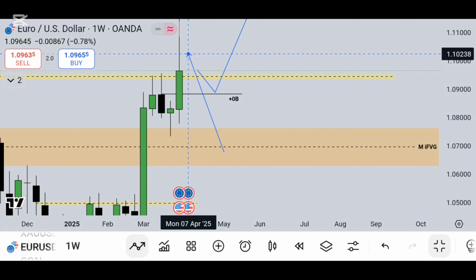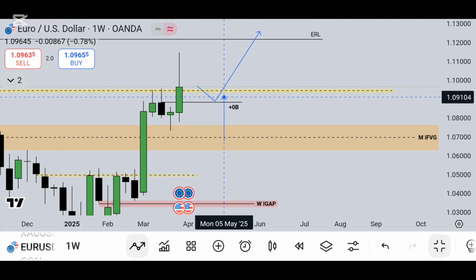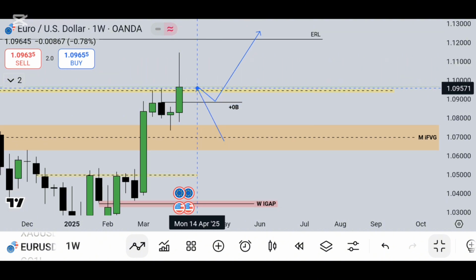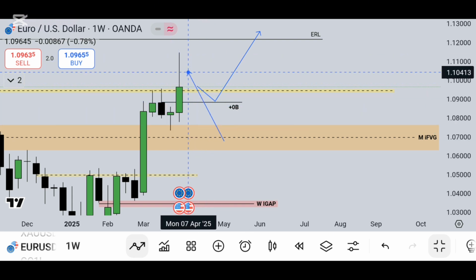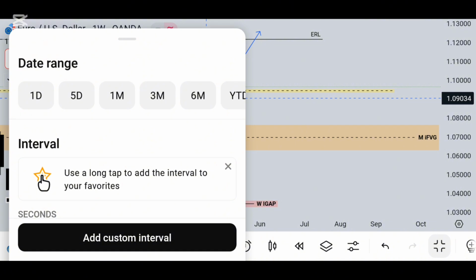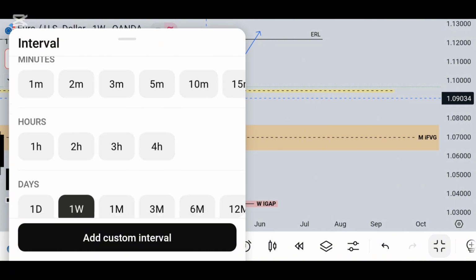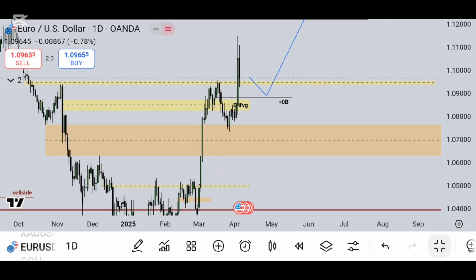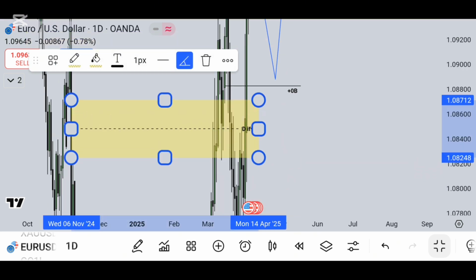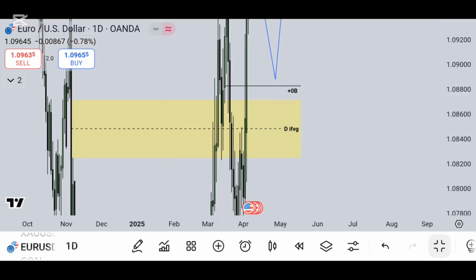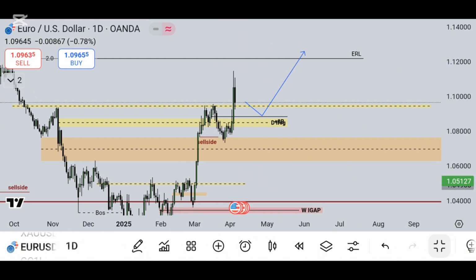So what we should expect is price to come to this order block, and if we were to measure this range, if you drop to the daily time frame, let's check, right? So you can see this was the daily inversed FVG, right?